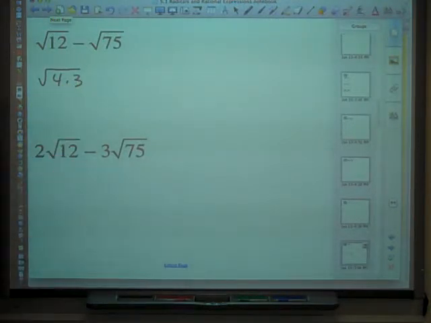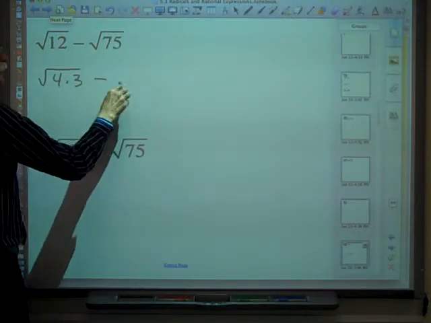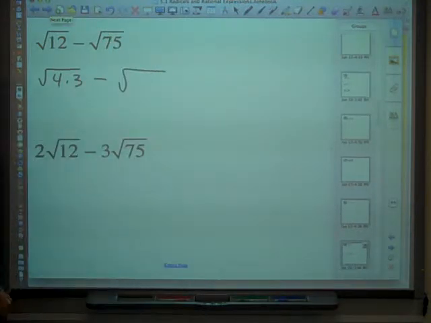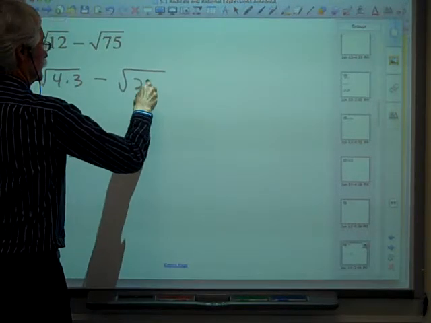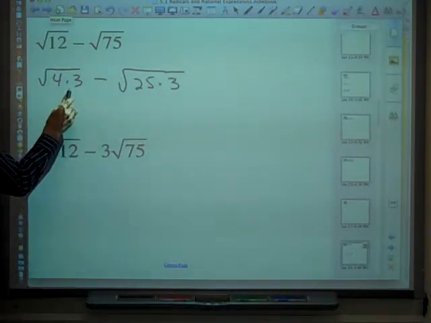Yes. What perfect square is inside 75? 25, yeah. 5.